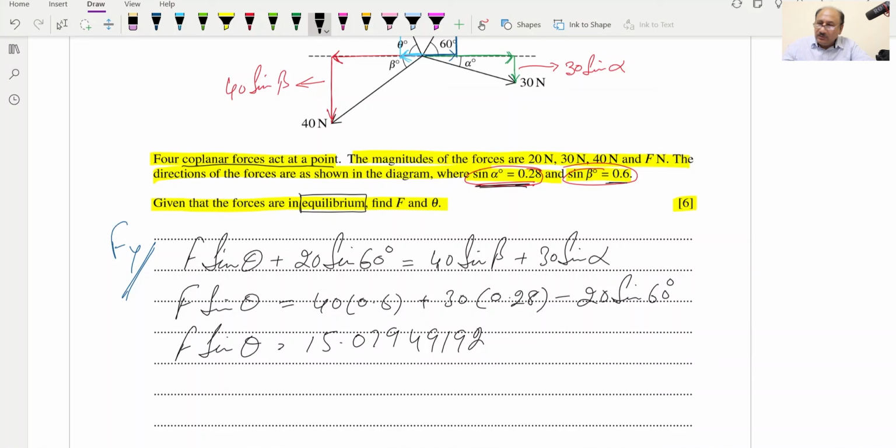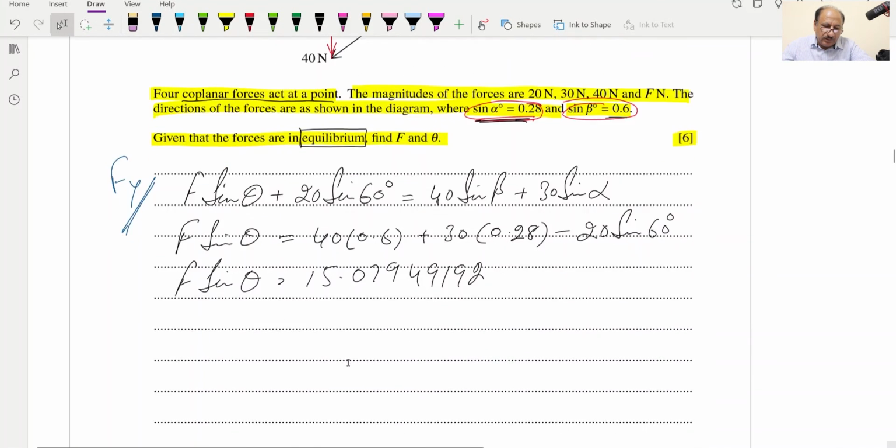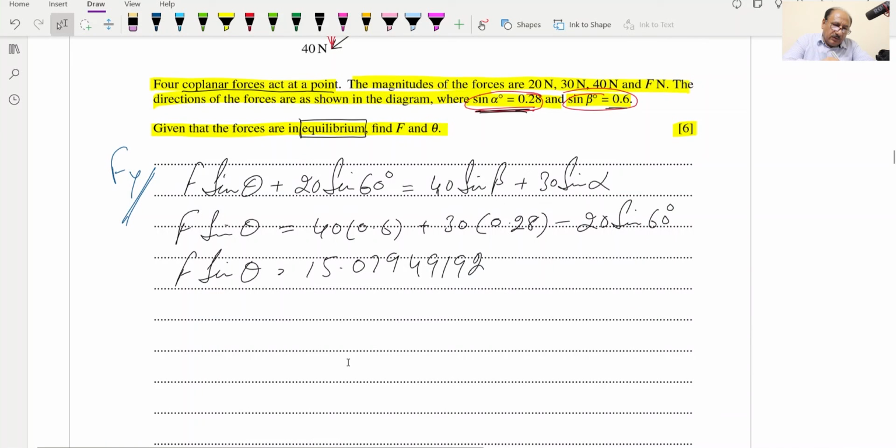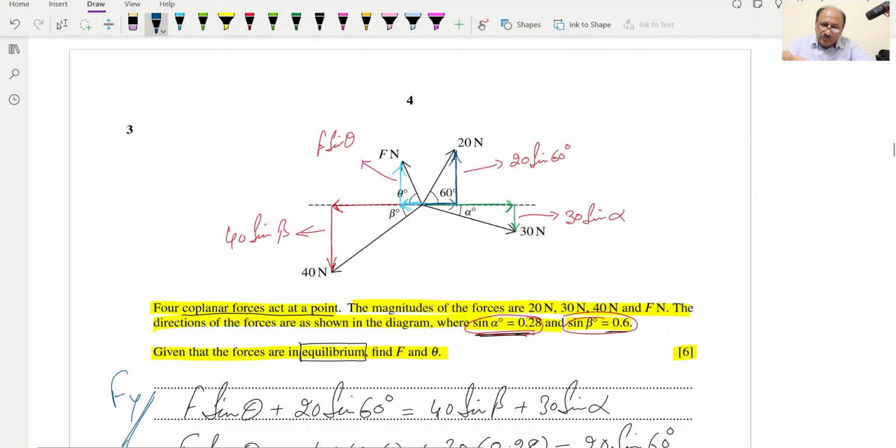Now we can resolve along the x-axis. For each value it will be cos theta, so this will be 30 cos of alpha.